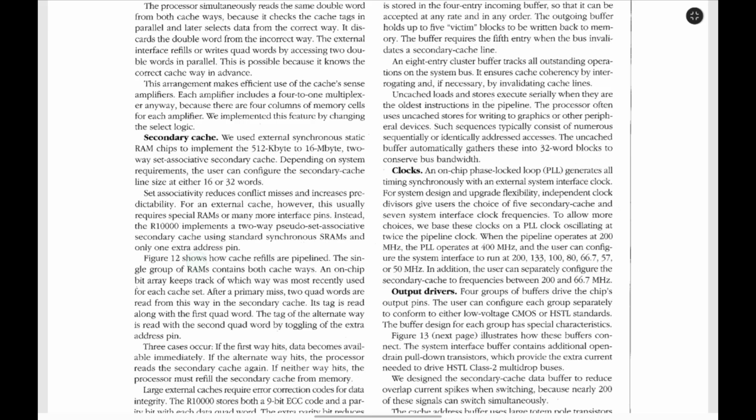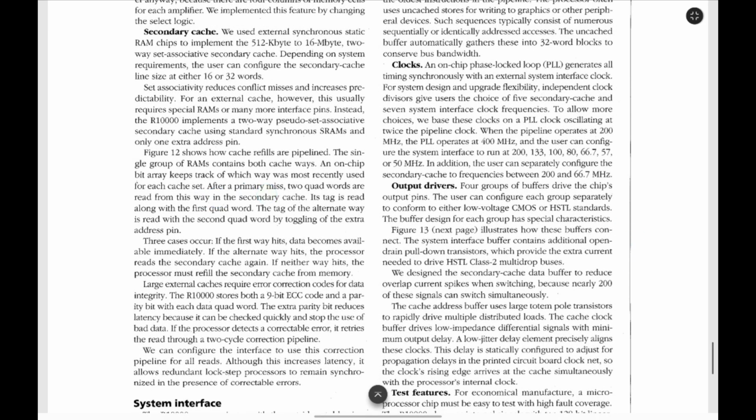Figure 12 shows how cache refills are pipelined. The single group of RAMs contains both ways. An on-chip bit array keeps track of which way was most recently used for each cache set. After a primary miss, two quad words are read from this way of the secondary cache. Each tag is read along with the first quad word.